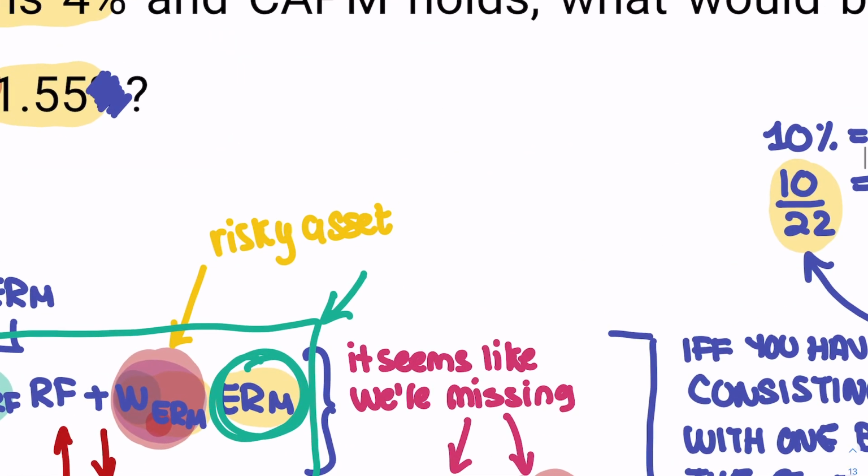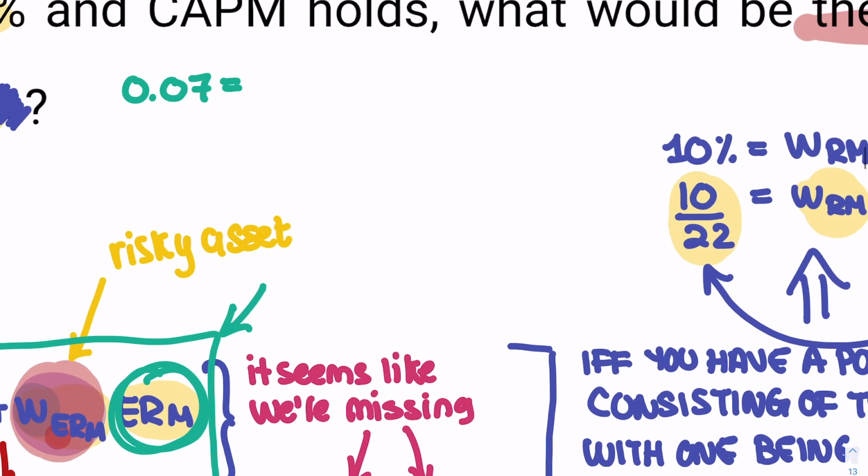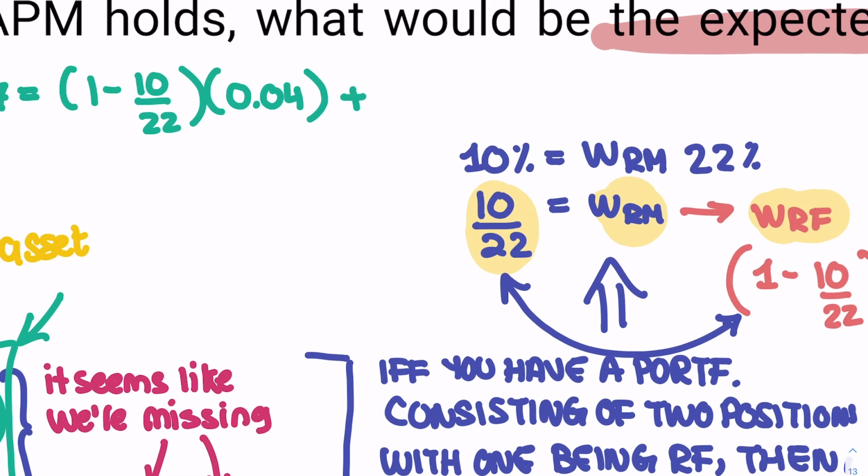So we're going to say that 0.07 is equal to (1 minus 10 over 22) times the risk-free rate, which in this case is 0.04, plus 10 over 22 times the market portfolio. If you want, we can even write it like this.